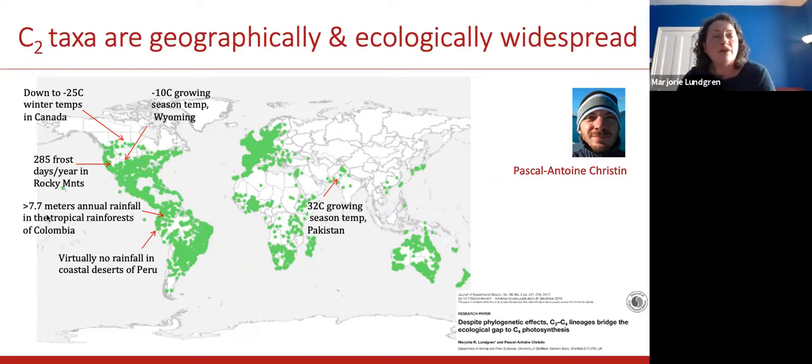And importantly, they're also found in diverse precipitation environments. You can have C2 plants in areas that are incredibly wet and also incredibly dry, like this distinction here between the rainforests of Colombia and the coastal deserts of Peru. So point is, C2 plants are not only broadly distributed geographically, but environmentally, they can seemingly tolerate incredibly diverse environments.